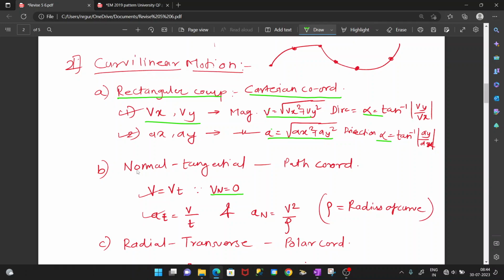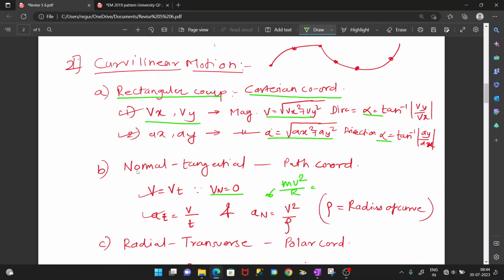This is based upon the force which we call mv square upon r.